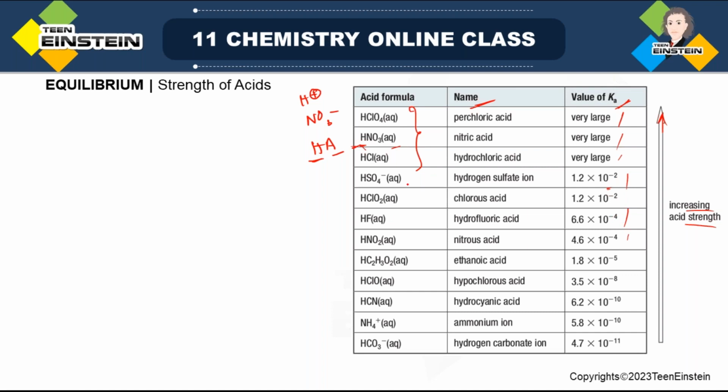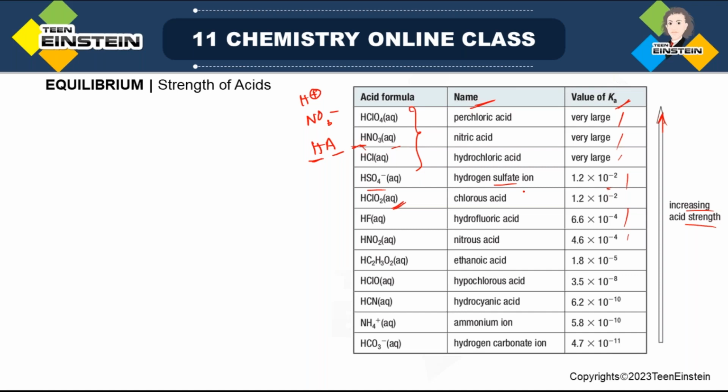Now these values are for HSO4 minus and HClO2. Now HSO4 minus, though it is anionic, is an anion that generates from the acid H2SO4, right? But as it can donate H plus, you can also consider it as an acid. It will behave as an acid. It is basically bisulfate anion or hydrogen sulfate ion.